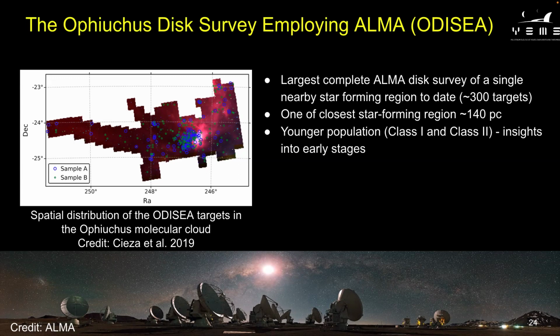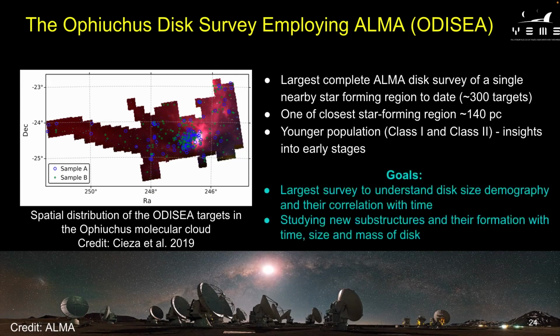So right now we are looking at 100 disks, which is also not a small sample. And it's majorly divided between class 1 and class 2. We are not looking at class 3 observation, because class 3 becomes very thin, because the gas has been completely dissipated there. So in class 3, it's very hard to observe with ALMA.